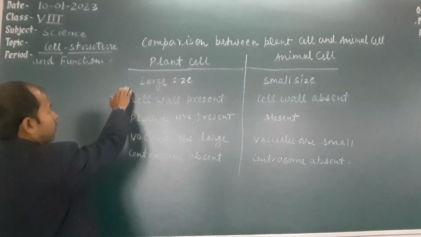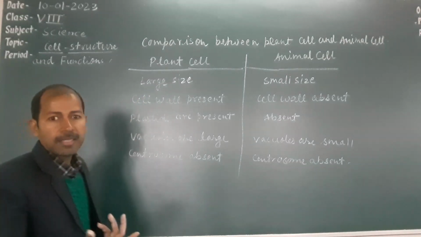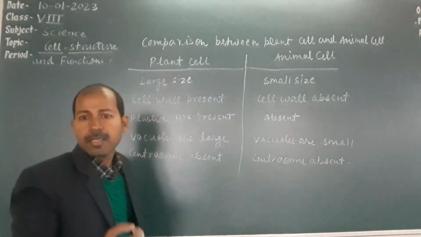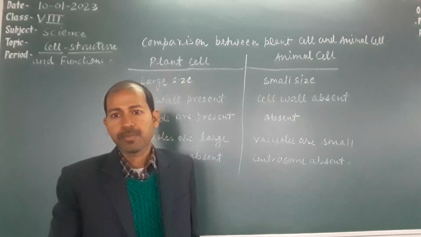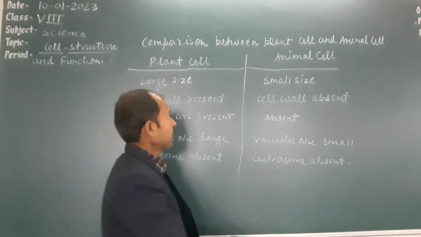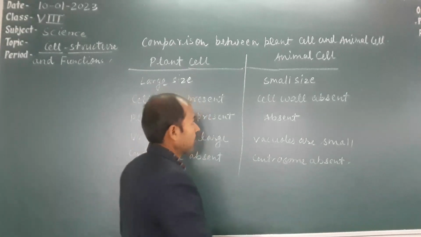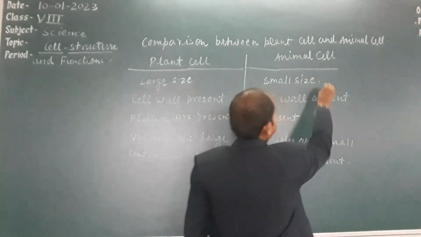First, if you see the size of the plant cell, plant cells are large in size, but animal cells are small in size in comparison to plant cells.